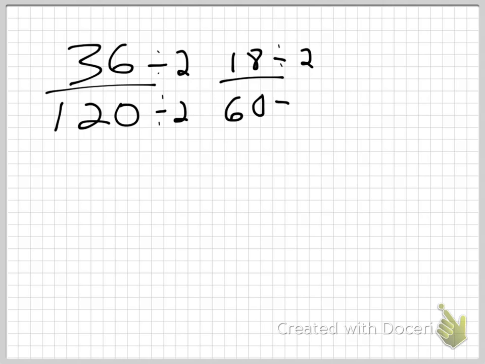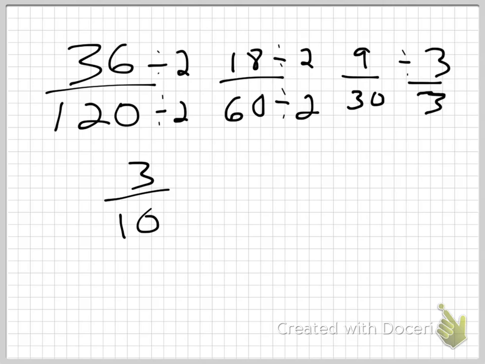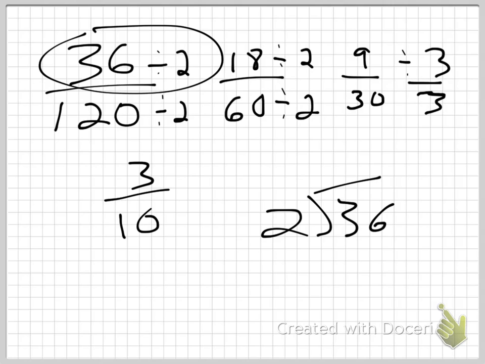Okay, divide by 2, divide by 2. 9 over 30. Divide by 3, divide by 3. That becomes 3/10. I'm telling you, that's if you're really good at this. If you're really good at this, then you didn't need to write all that stuff out anyway. But for those of you who did, you would have needed to divide 36 by 2. You see how much longer that takes?